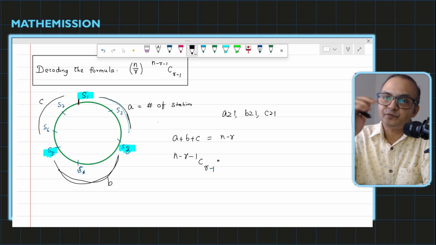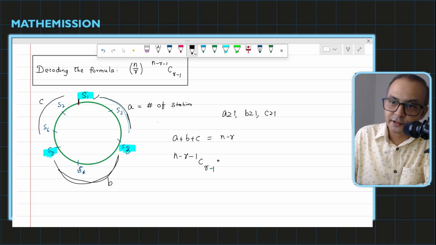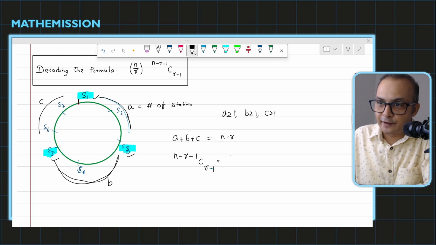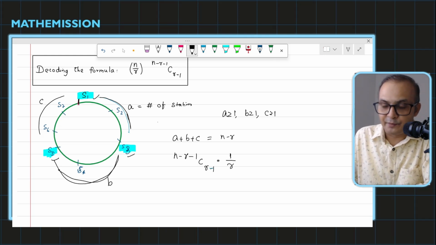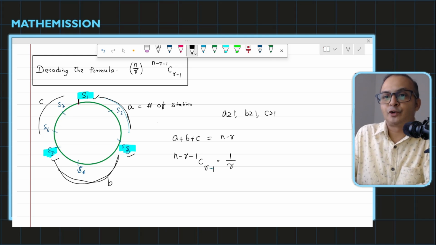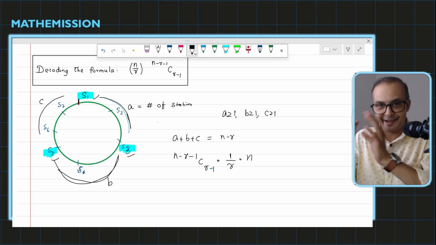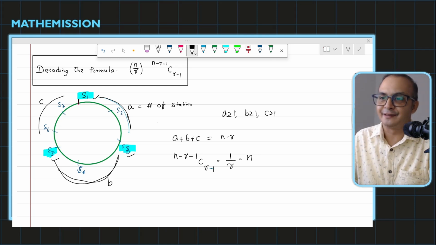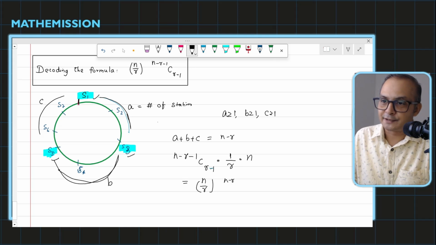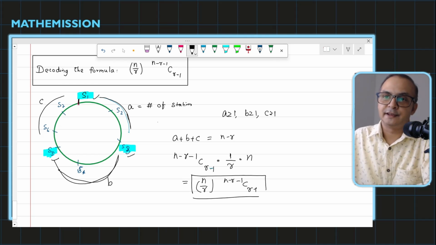Because you have r such choices, I have counted this thing r times. But again, we don't know what the starting point is. I have to multiply by n, because there are n such starting points you can make. So the answer is again n by r, (n minus r minus 1) C (r minus 1). So this again makes sense in the circular way.